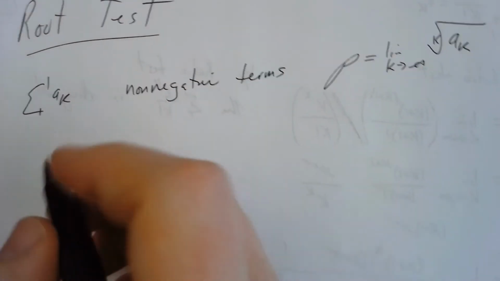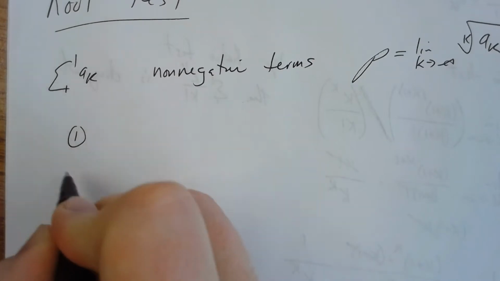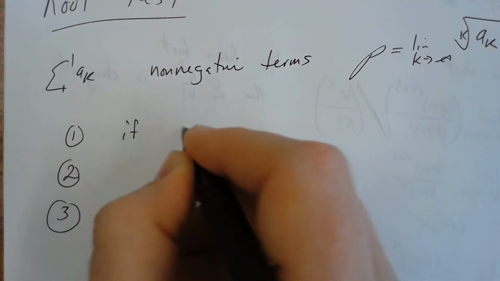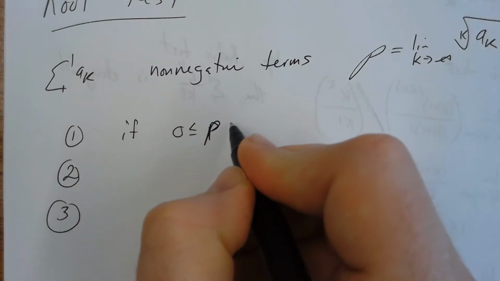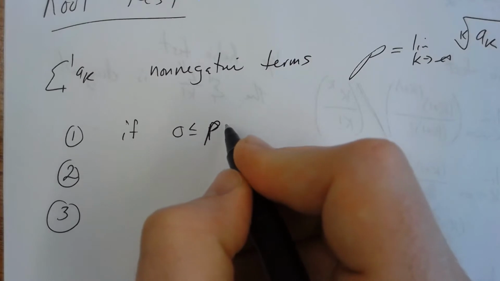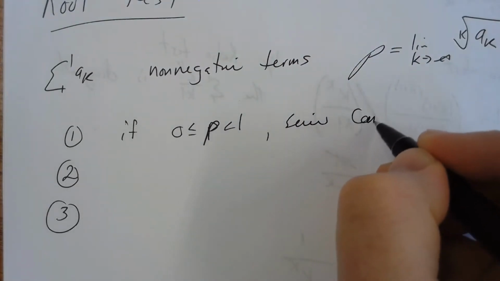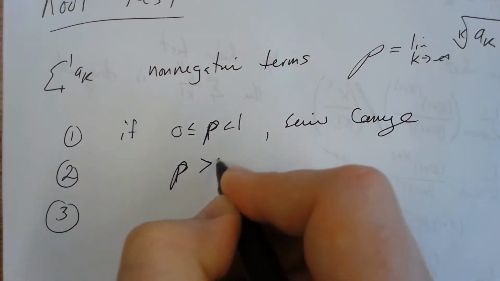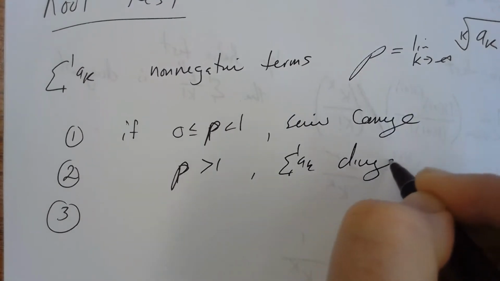With that being said, we have three conclusions, and these conclusions are identical in concept to the ratio test. If rho is greater than or equal to 0 but less than 1, then the series will converge. If rho is greater than 1, then the series a sub k will diverge.